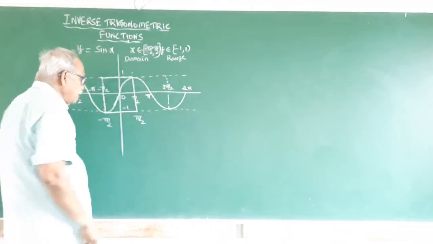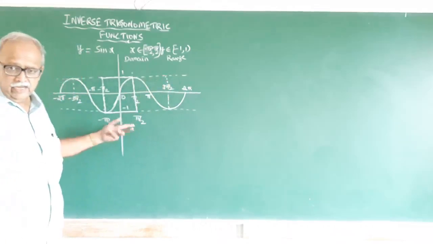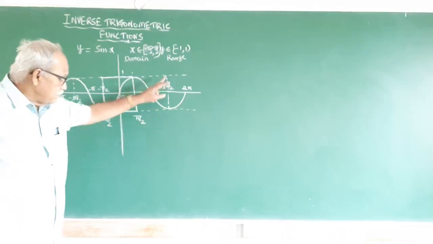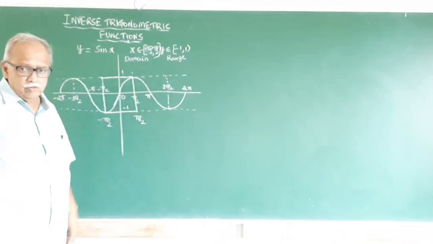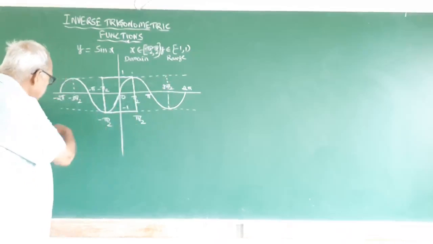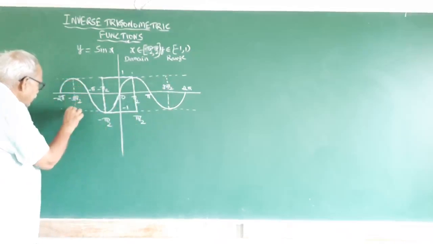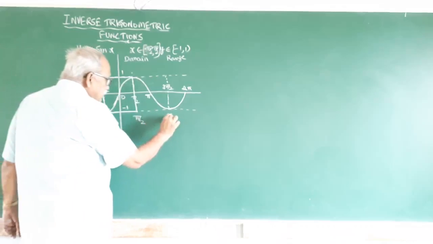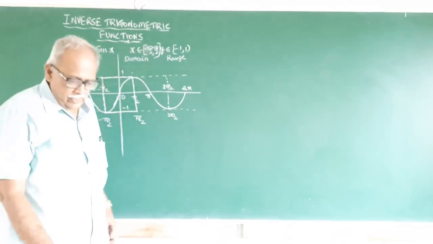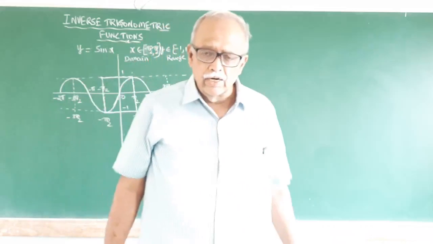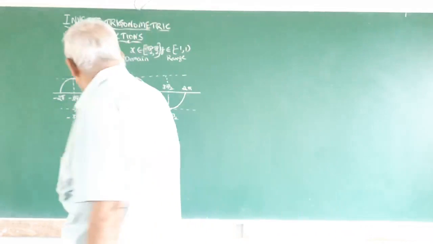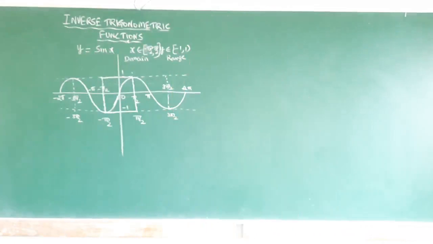And you can see, not only in this interval, sin x can behave as one-to-one and onto in other intervals too: pi by 2 to 3 pi by 2, and on this side, minus pi by 2 to minus 3 pi by 2. In all these intervals, sin x can behave as one-to-one and onto. Now I write the notes for you.